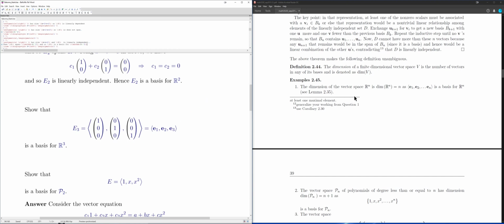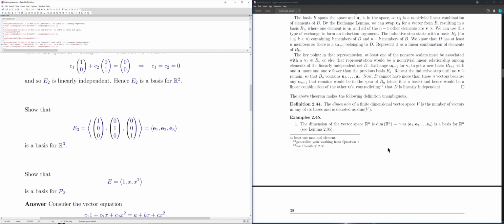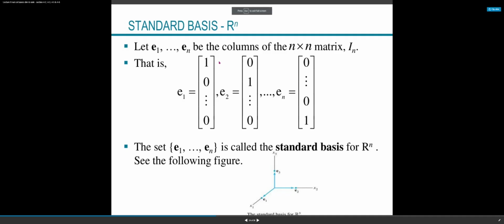And if you want to consider this more generally, for Rn, an n-dimensional vector space, your column vectors are now going to be of length n. You use this sort of notation, with the dots here, to indicate that the length is n.